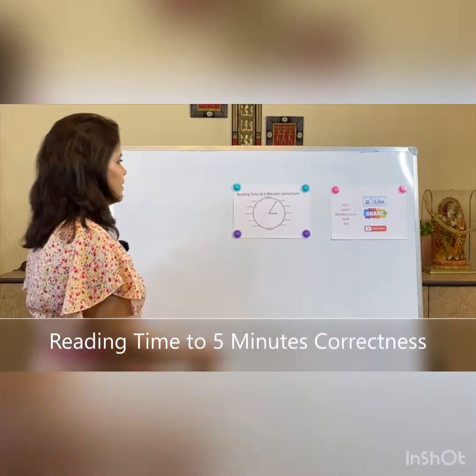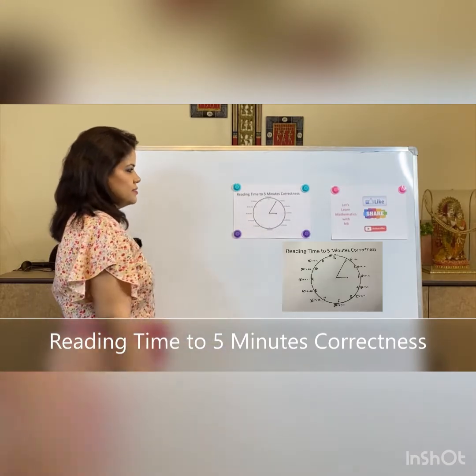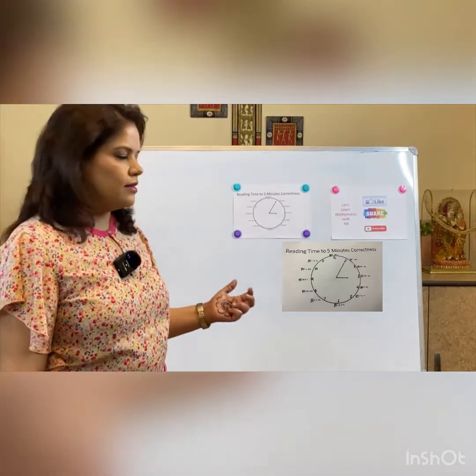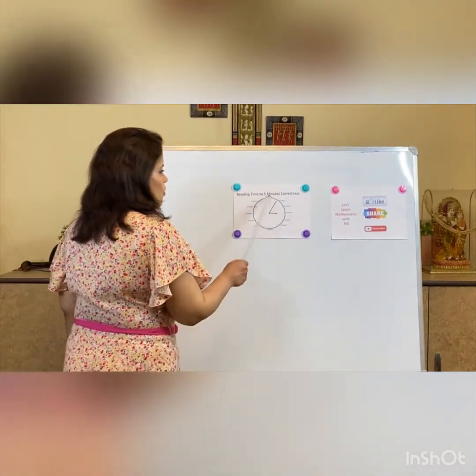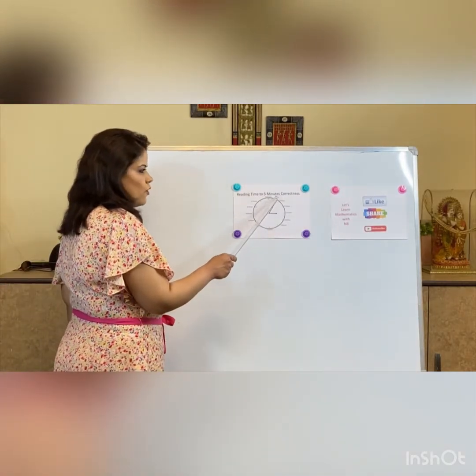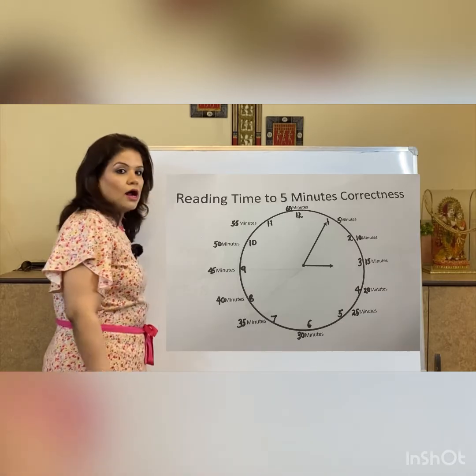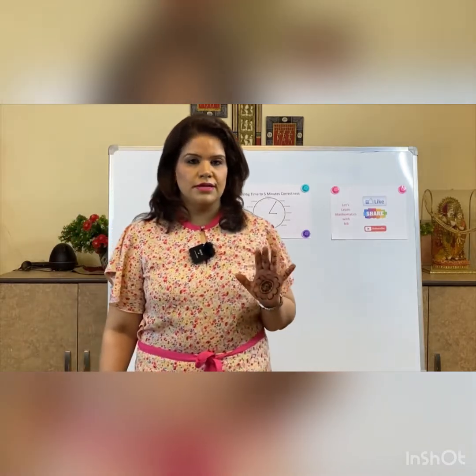Now I am reading time to 5 minutes correctness. What do we mean by 5-minute correctness and why are we taking it like this? Because as the minute hand goes from 1 to 2, it completes 5 minutes.